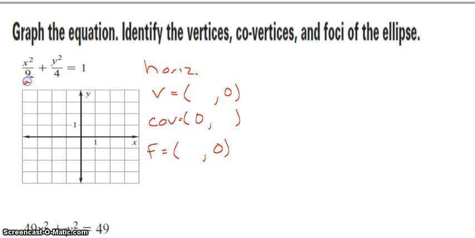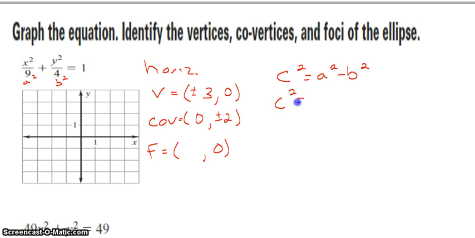So let's see what we've got. If this is a squared, and I want a, the square root of 9 is 3. For my co-vertices, this is b squared. The square root of 4 is 2. So my two co-vertices are going to be at plus or minus 2 on the y-axis. And then for my foci, I have to use that c squared equals a squared minus b squared relationship.